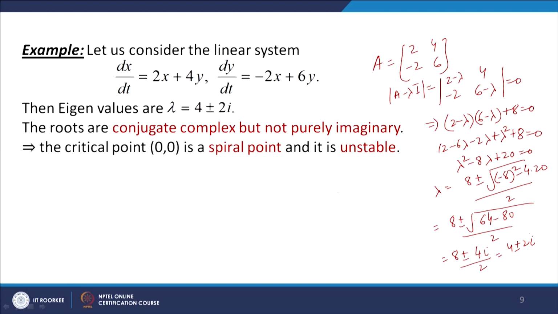They are conjugate complex numbers where alpha is 4 and beta is 2, so alpha and beta both belong to R minus 0; they are non-zero real numbers. Since alpha is greater than 0, the critical point at (0, 0) is a spiral point and it is unstable.